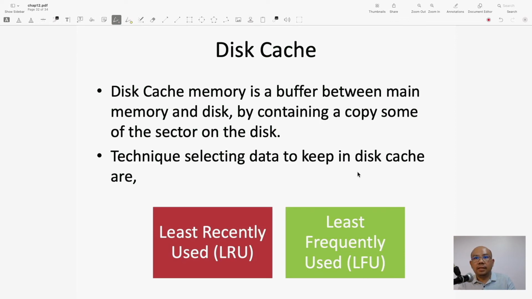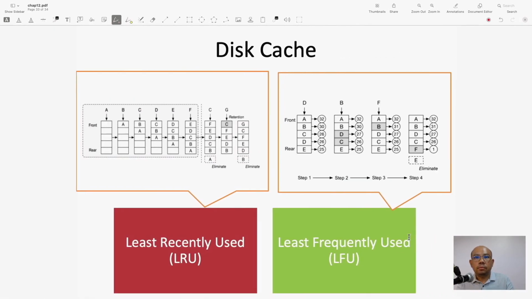The disk cache technique is divided into two types: least recently used and least frequently used. From the left, that is the least recently used, and on the right, the least frequently used.